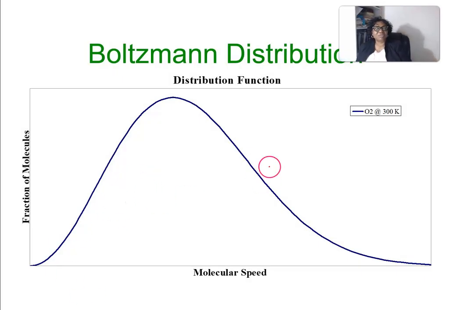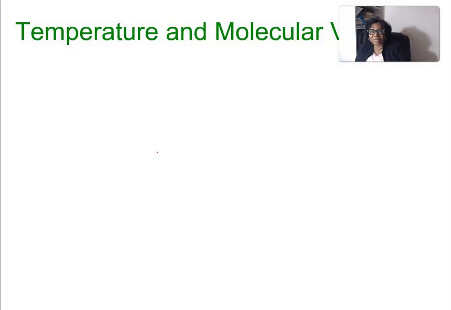So this is our Boltzmann distribution. See, fraction of molecules versus molecular speed. This is how our Boltzmann distribution looks. This is for oxygen at 300 K. So total molecular velocities.